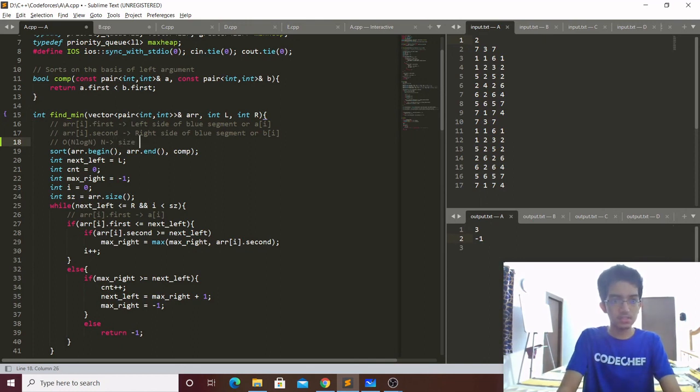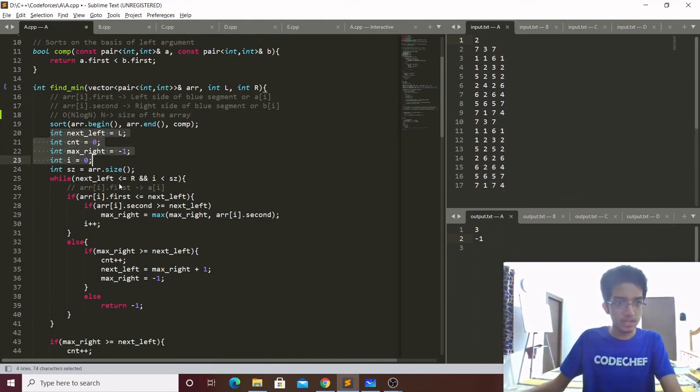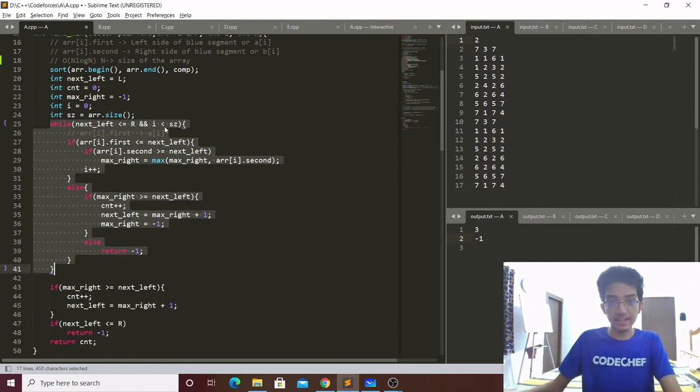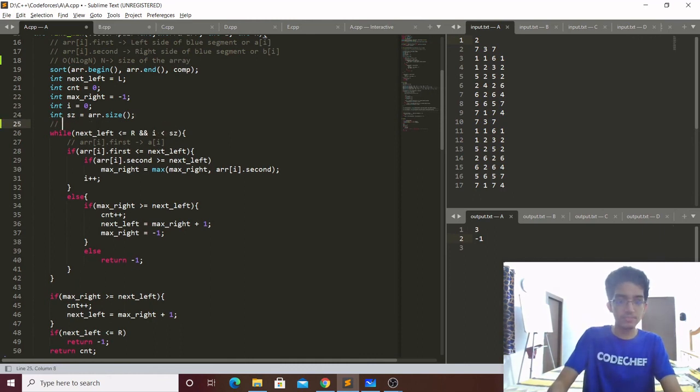And then here we are iterating till we iterate over the whole array. So this is basically O of n.